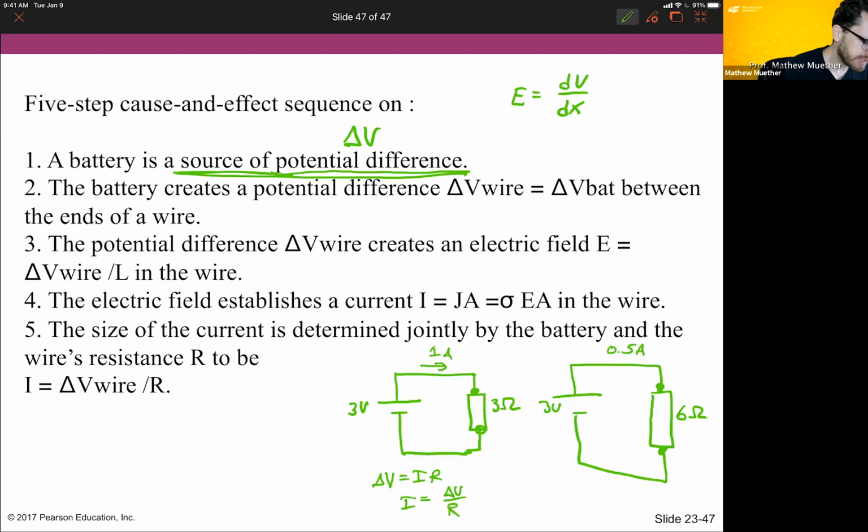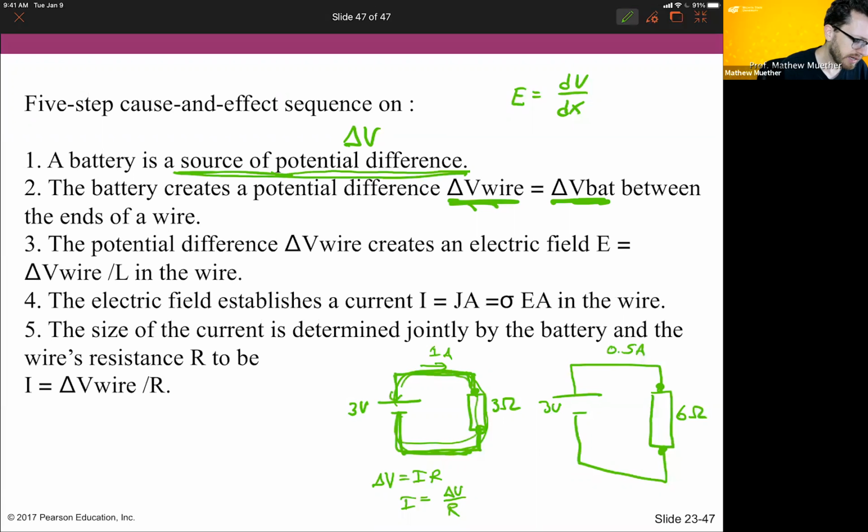The second step is, once we have that potential difference from the battery, we can connect it to some wires, and the battery delivers that potential difference across those wires. The delta V of the wires has to match the delta V of the battery. Why? Because I just have common conductors here. By the time I make my way around this loop, I've got to be back at the same voltage, so I have the same voltage drop around that wire.